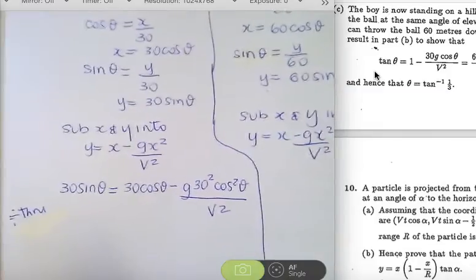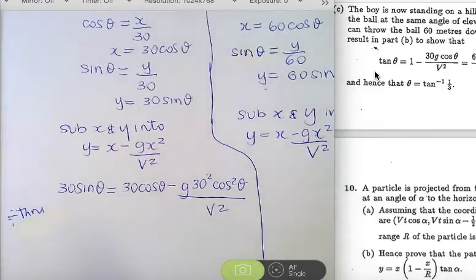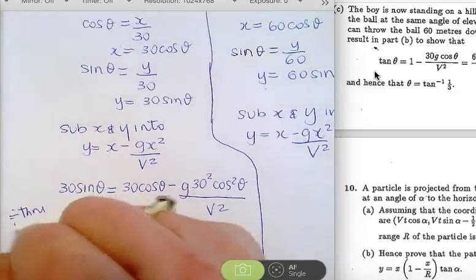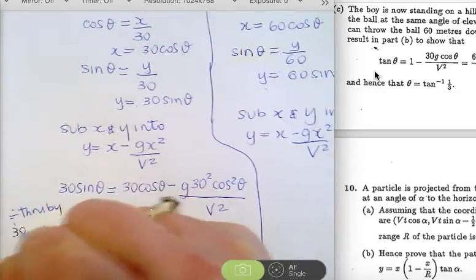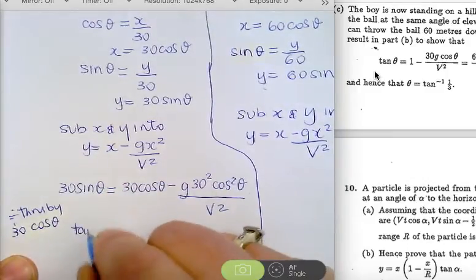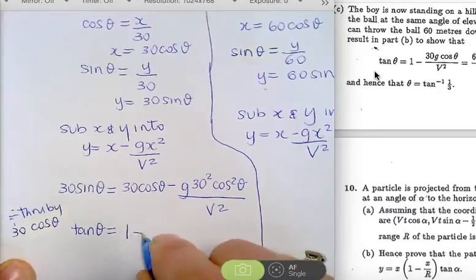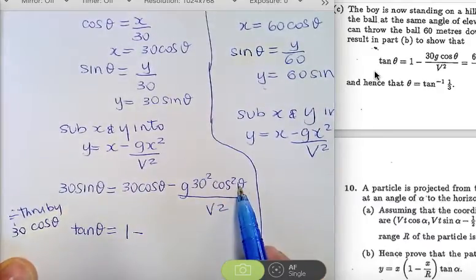You want to get tan. Tan is sine on cos. I think we should divide through by 30 cos theta. And if you do that, what do you get here? Tan theta. What do you get here? 1 minus, one of the 30 cos thetas goes.